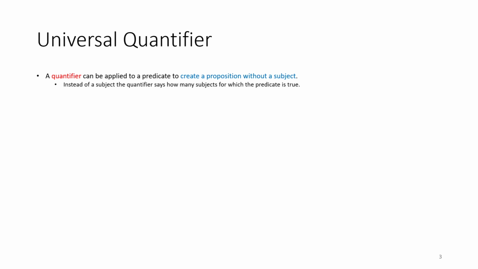Those are different objects. But another way we could do that is we could add a quantifier to it. And the quantifier is just going to say something about the number of objects that have that predicate. So how many things are white? The simplest one, the universal quantifier, the everything quantifier, says everything is white. If we apply the universal quantifier to the predicate "is white," we're saying all things are white.